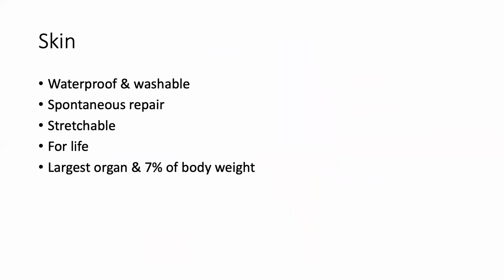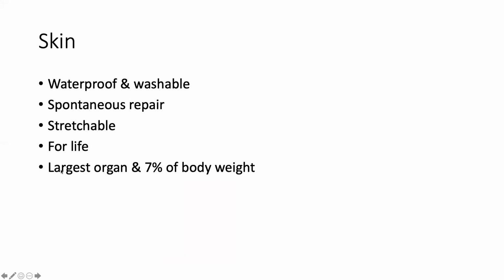So the functions of the skin and the quality of the skin, or the characteristics of the skin. Skin is waterproof, skin is washable. If we have a small scratch or small injury, it will spontaneously repair. It is stretchable, and the skin will cover and protect our body for the rest of our life.